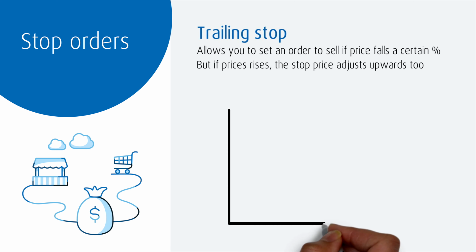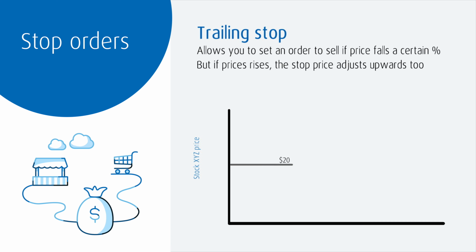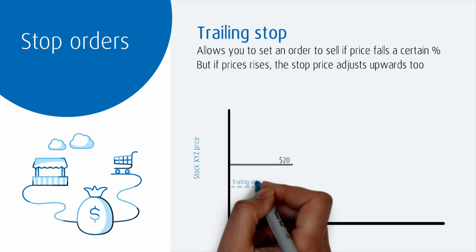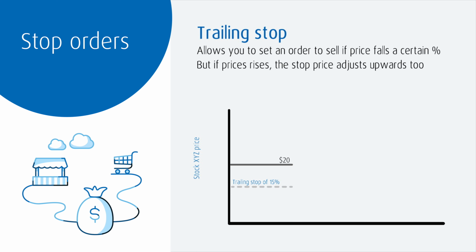If the stock you own is trading at $20 per share, you could set a trailing stop order for 15%. That means if the stock drops by 15%, or by $3 from $20 down to $17, then your order is triggered. InvestorLine also requires you to set a limit variance when making your trailing stop order.